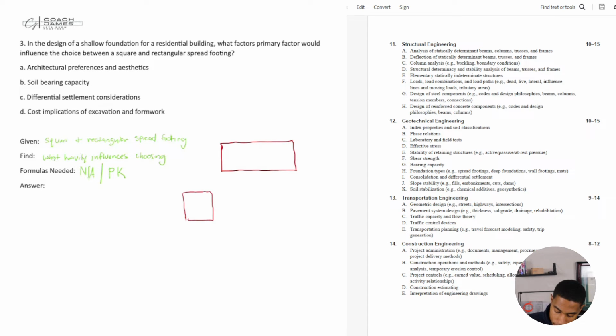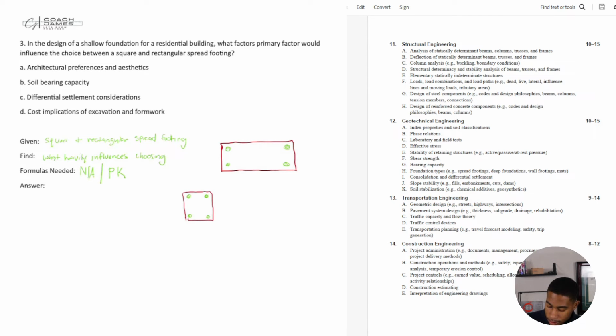And let's say we have loads coming at each corner. Versus a square, the loads are coming at each corner, right?